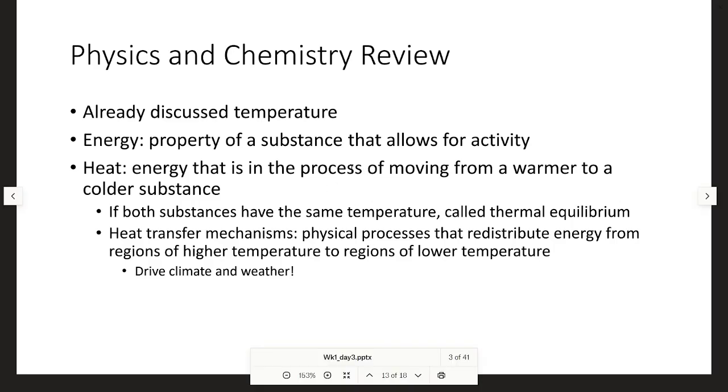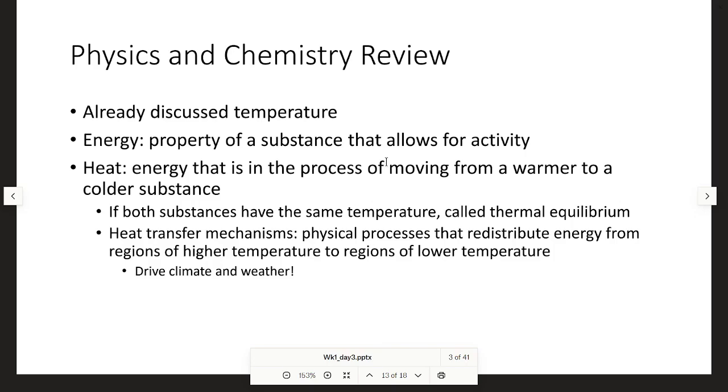So you don't have that energy transference, like warm doesn't go to cold, because they're both the same temperature, so they're just in equilibrium. Heat transfer mechanisms are physical processes that redistribute energy from regions of higher temperature to regions of lower temperature, which drives the climate and weather.